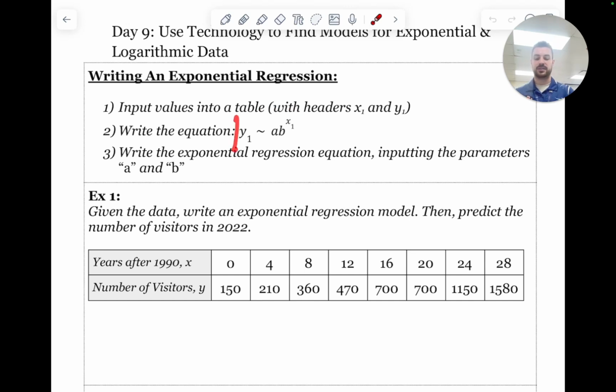This is the instructions for our calculator to take the values from our x1 column and our y1 column and create an exponential equation. Below that, it says write the exponential regression equation inputting the parameters a and b. What that means is our calculator is going to give us a and b values that we are then going to use to write our equation, which will be our regression model.